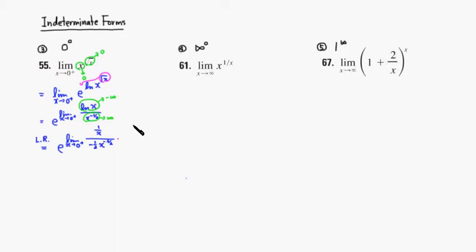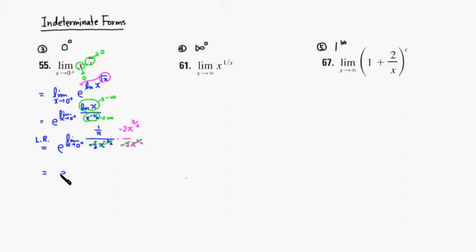I don't like to have a negative power here, so I'm going to multiply top and bottom by negative 2 x to the 3/2 power. The negative 1/2 and the negative 2 cancel out, and the x to the negative 3/2 cancels with x to the 3/2.